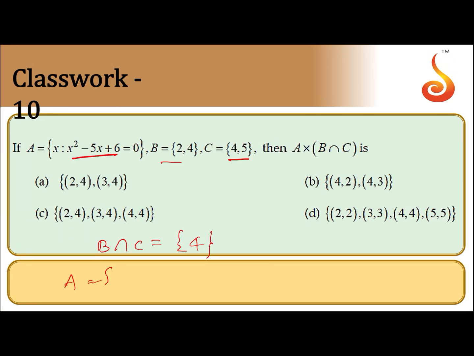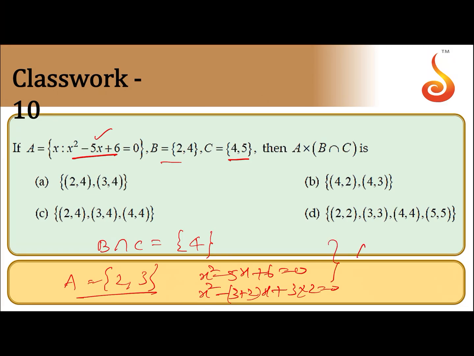So A is equal to the set {2, 3} because it is the solution of X square minus 5X plus 6 equal to 0. It is nothing but (x minus 3)(x minus 2), so the solution for the set A is {2, 3}.